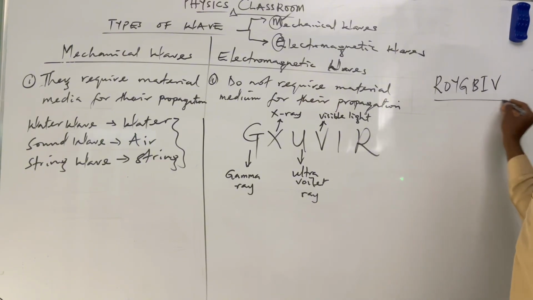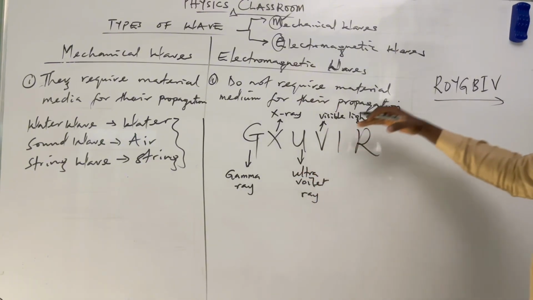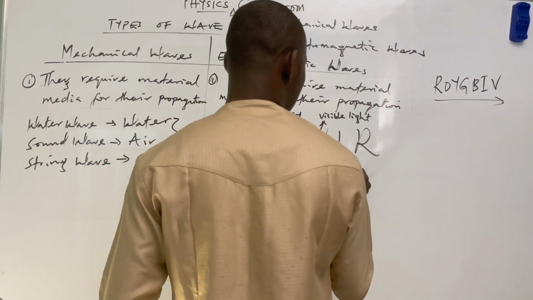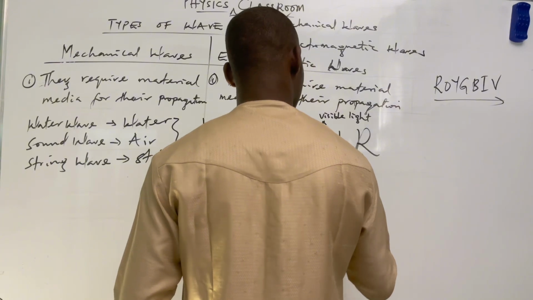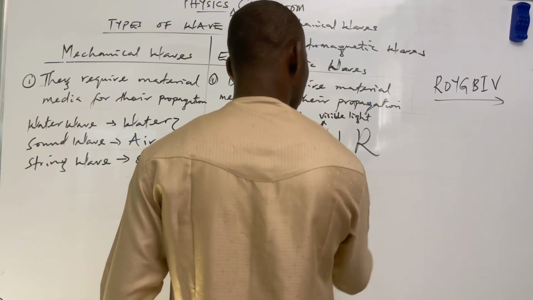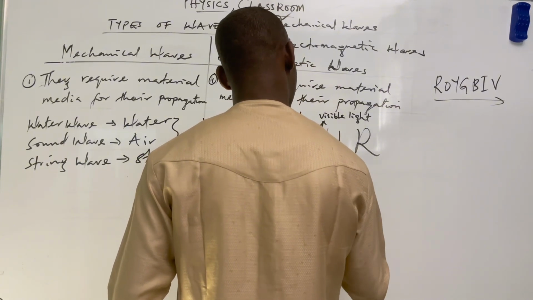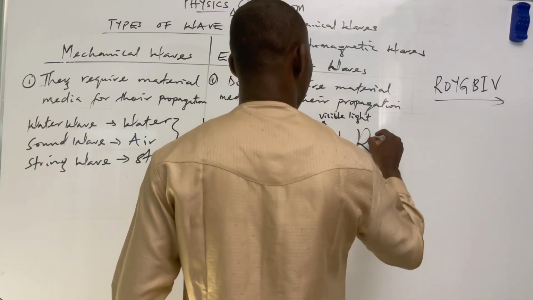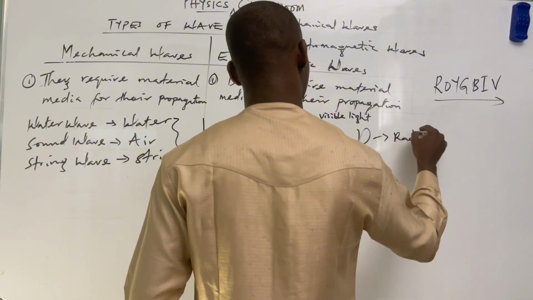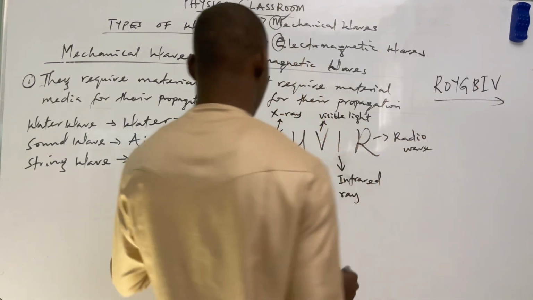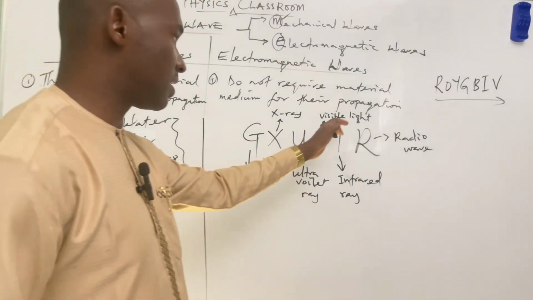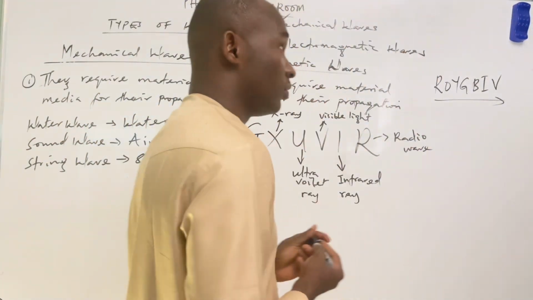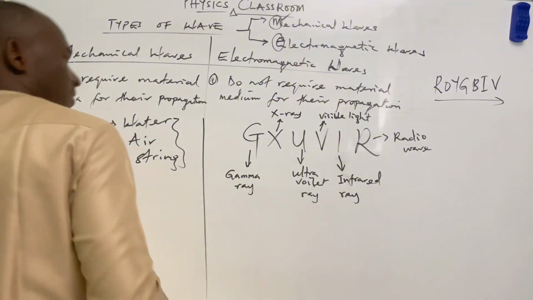And they are already arranged according to their increasing wavelengths. So the I connotes infrared ray, while the last one, the R, connotes radio wave. Gamma ray, X-ray, ultraviolet ray, visible light or light wave, infrared ray, radio wave. Take note of this.